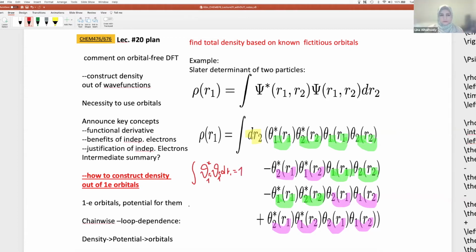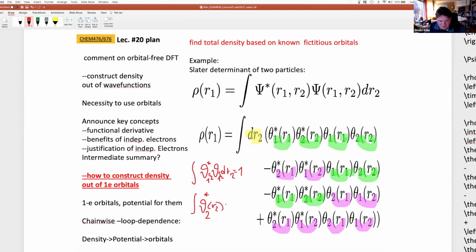Correct. What if we integrate orbitals with different indices, like theta 2 star? We need to put R2 here because we integrate over R2.